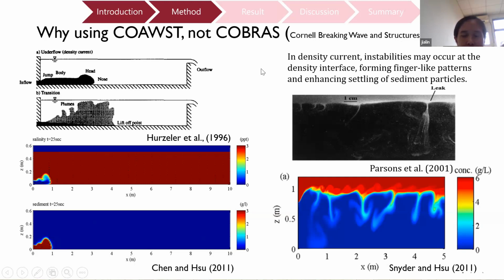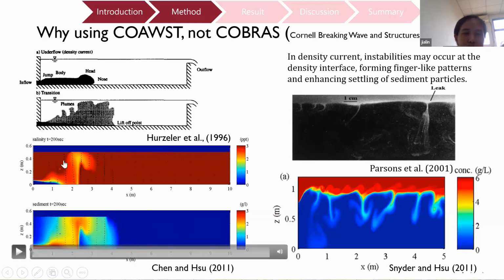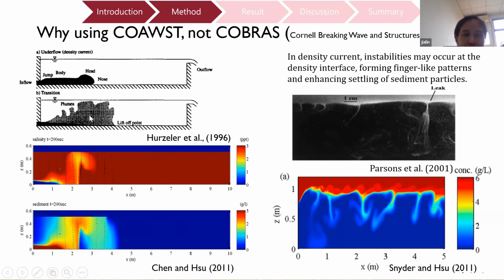This was previously developed by Field's group, and we further implemented it with sediment capability, and you can see it can nicely simulate the process of turbidity current with this famous head, nose, and body structure.